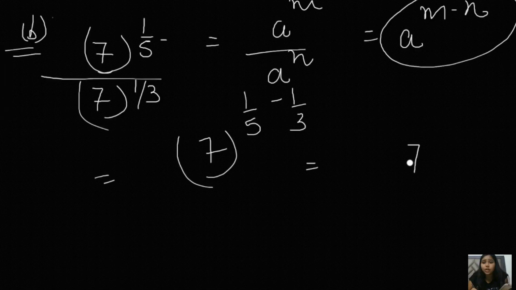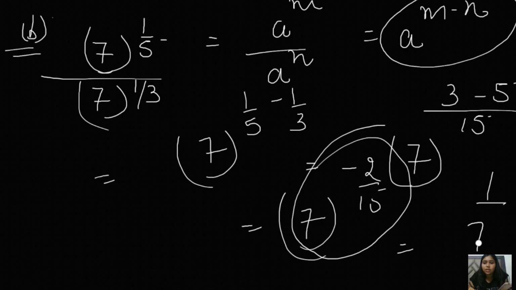So that will look like this. We'll take out the LCM for 5 and 3. The answer will be 7 raised to the power minus 2 by 15. And you can also write it as 1 by 7 raised to the power 2 by 15. Okay. This is how you can solve the problems for exponents.